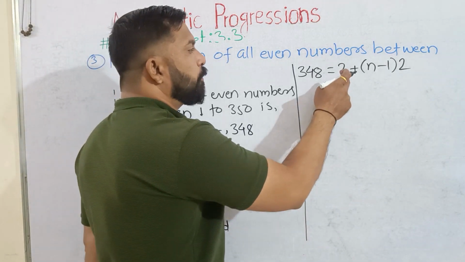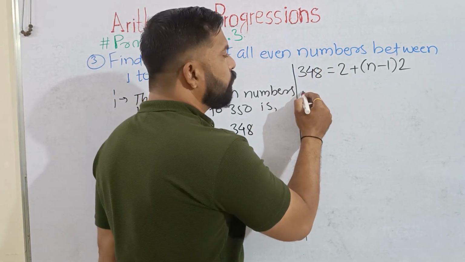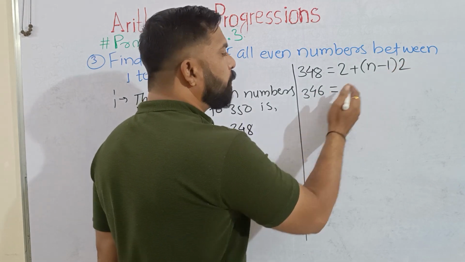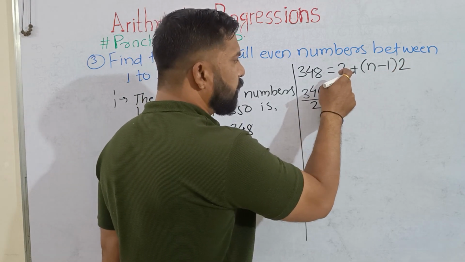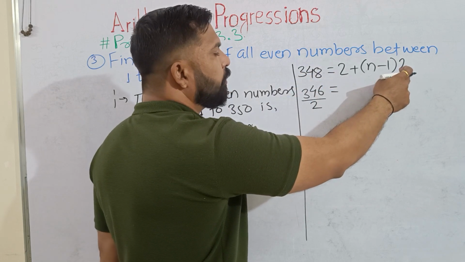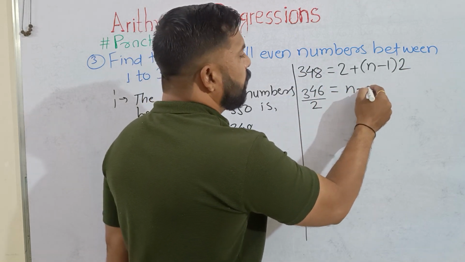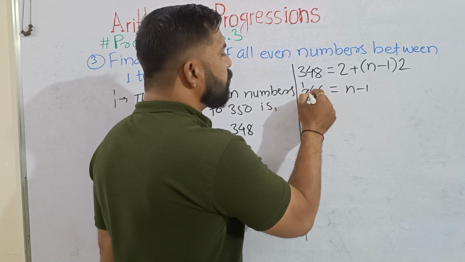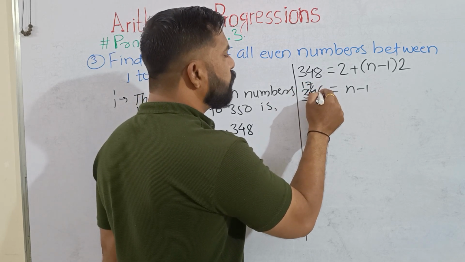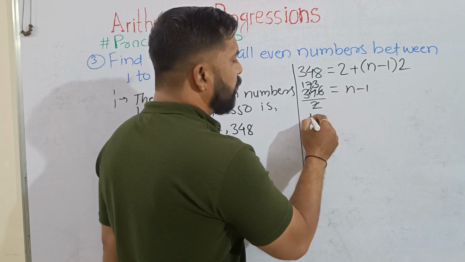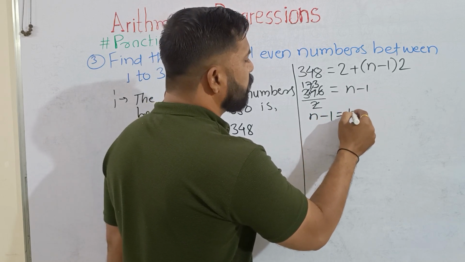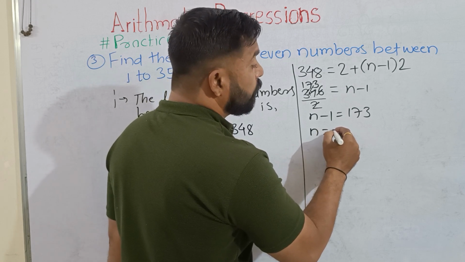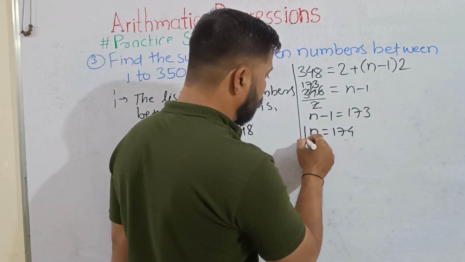Now this plus 2 will come to the left and become minus 2, 346, which is equal to n minus 1 into 2. This multiplication by 2 will go to the division. I sent plus 2 to the minus and into 2 to the division. n minus 1 will remain on the right. 2 ones are 2, 1 remain, 2 sevens are 14, 0 remain, 2 threes are 6. n minus 1 is equal to 173. n is equal to 174.